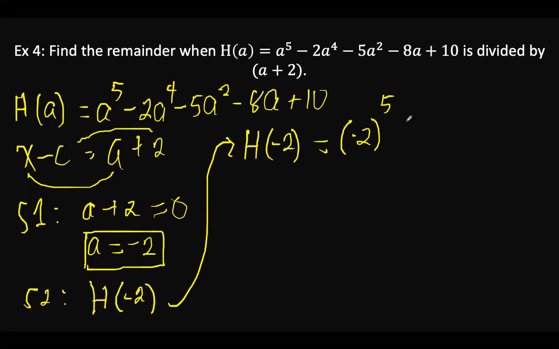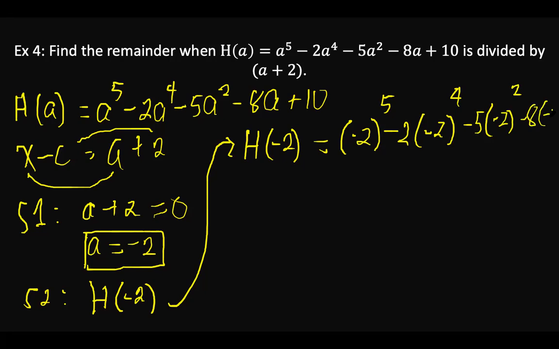Negative 2 raised to 5 minus 2 times our a again is negative 2 raised to 4 minus 5, and our a again is negative 2 squared, minus 8 times negative 2, plus 10. Okay, hindi nagkasya. So solve na natin, simplify na natin.